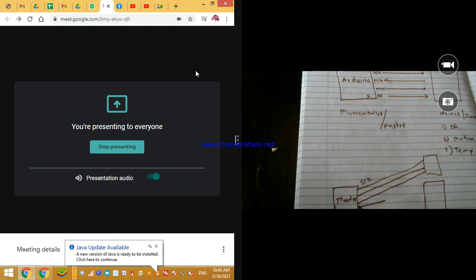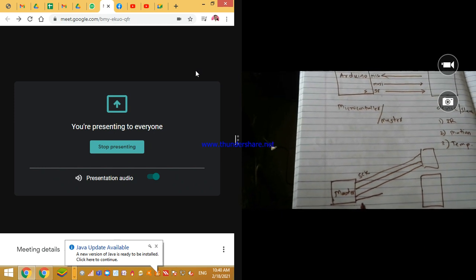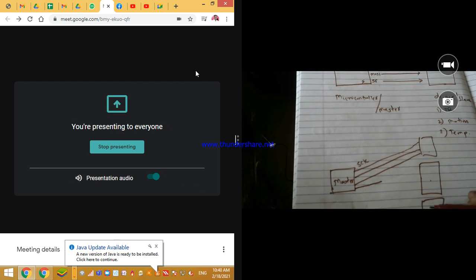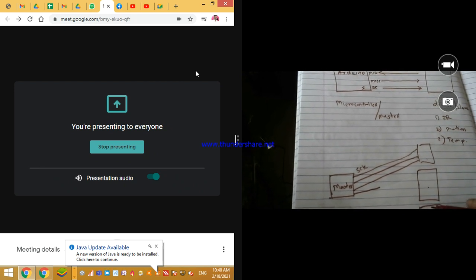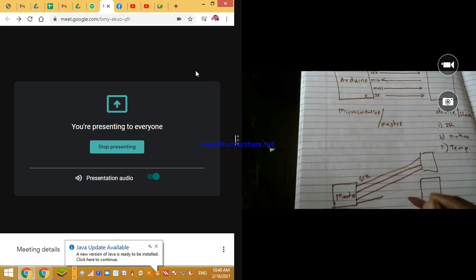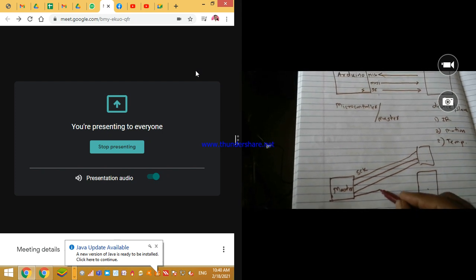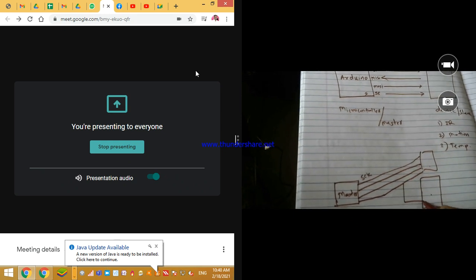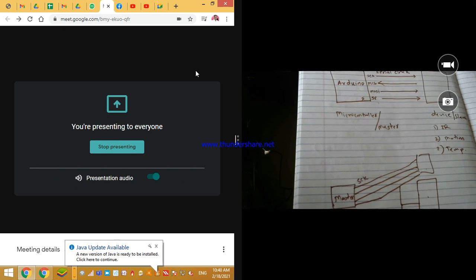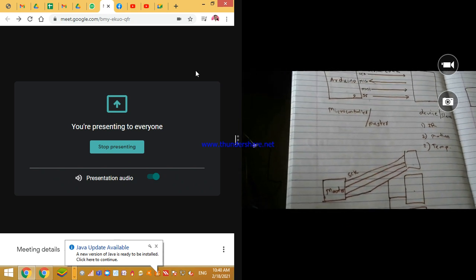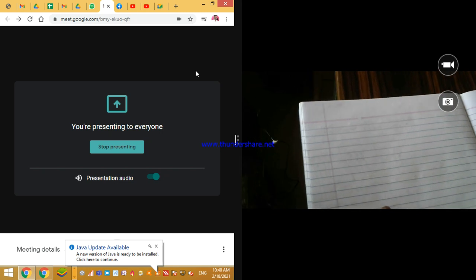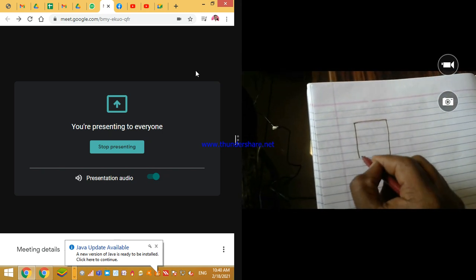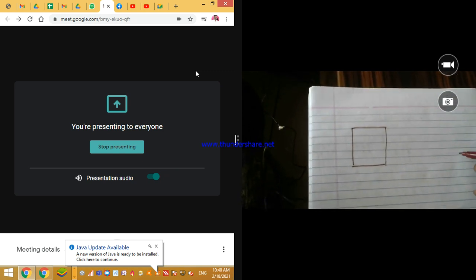We can connect the fourth one, that is slave select, to this one also, and this one also. We can connect in this way, or we can connect in a different way also. For example, through the diagram you can understand.